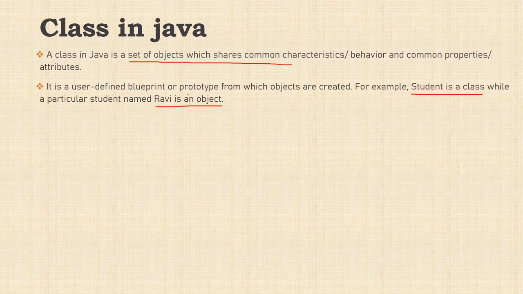If you want to create another object of the class, we can create Saurabh, which will be another object of that class. A third, Rakesh, can also be an object of the student class. Like this we can create multiple instances of that class, and that instance will be called an object.